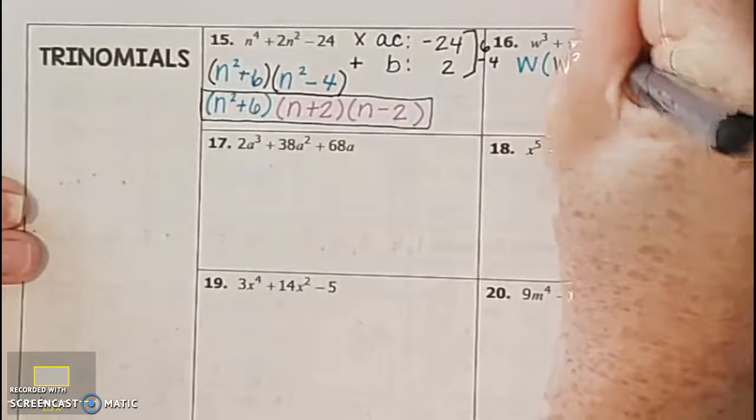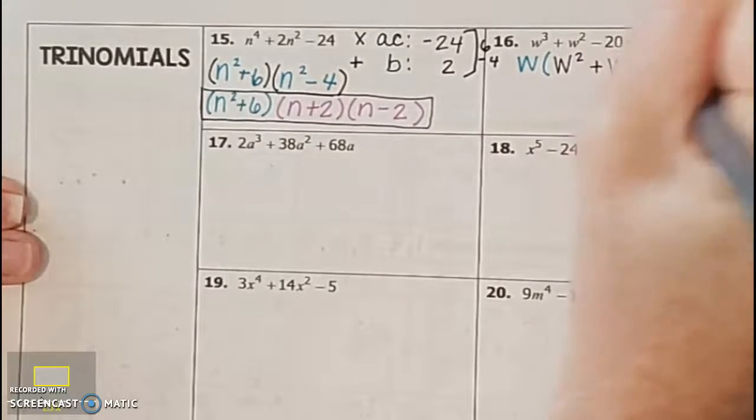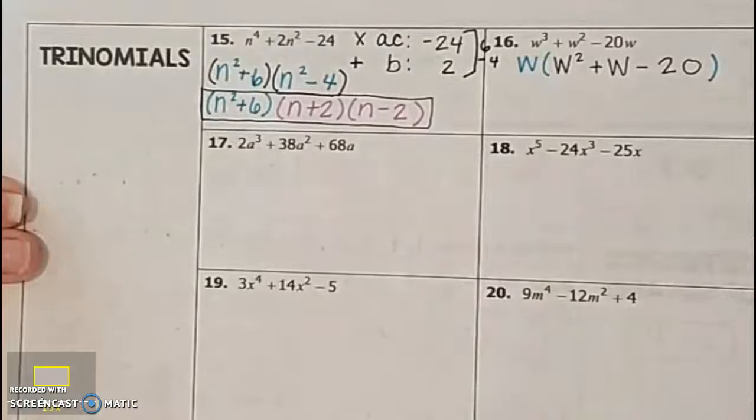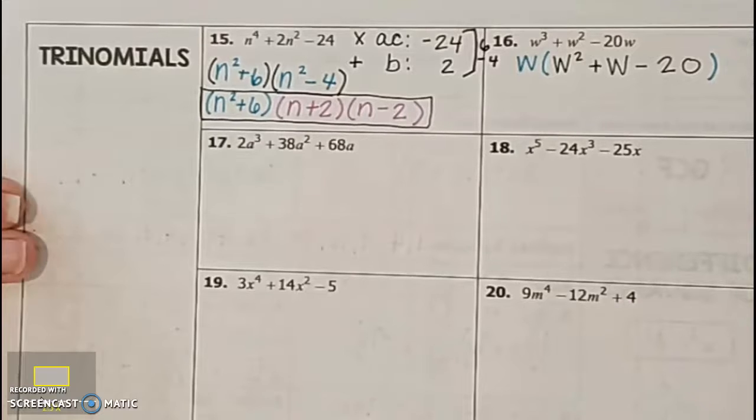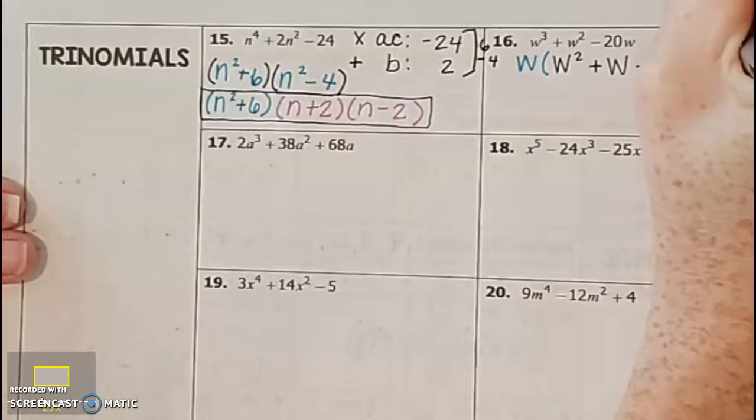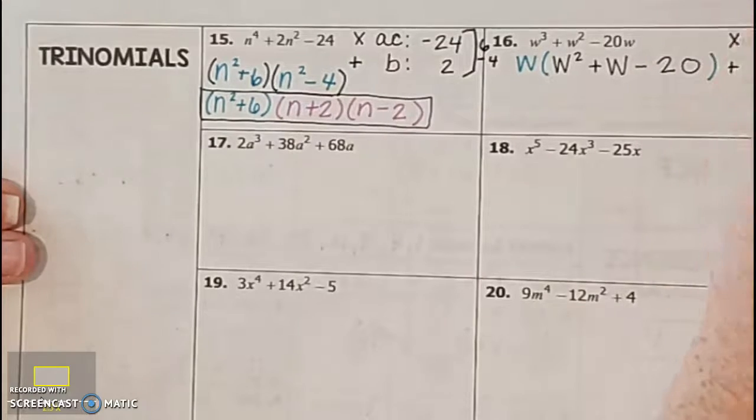Now notice this is a quadratic, so we can factor this the normal way. It's not a quartic like number 15 was. So we're going to see what multiplies to give us negative 20, and what adds to give us 1. What two numbers multiply to give us negative 20 and add to give us 1?